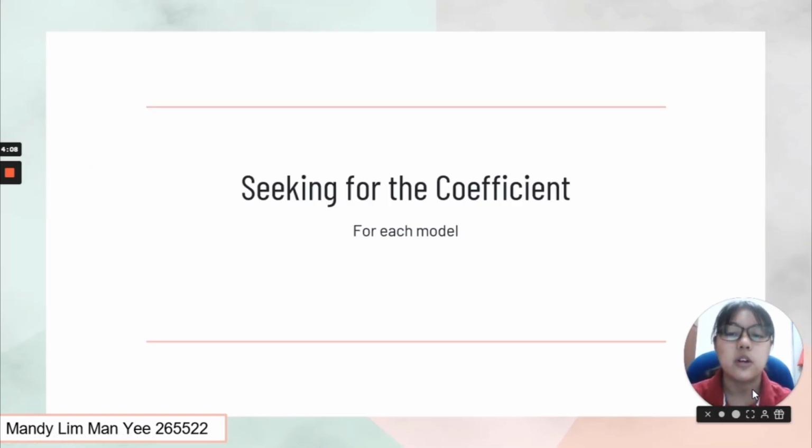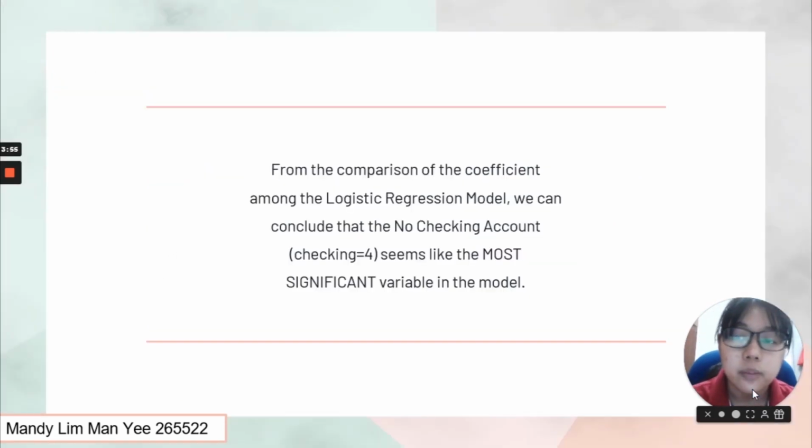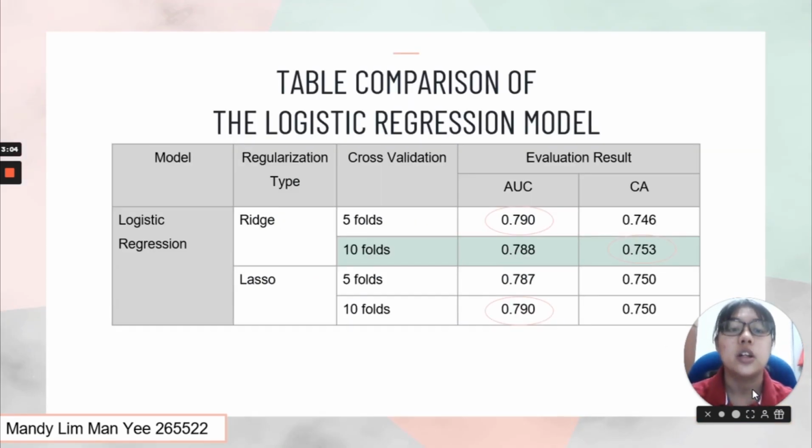First of all, we are seeking the coefficients for each model. This is the result from our model. We are comparing the coefficients among the logistic regression models, and this is the result. From the comparison, we can conclude that no checking account, checking equal to 4, seems to be the most significant variable in the model. This is the result we gained from the model.